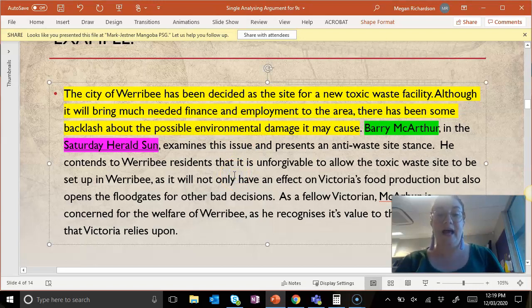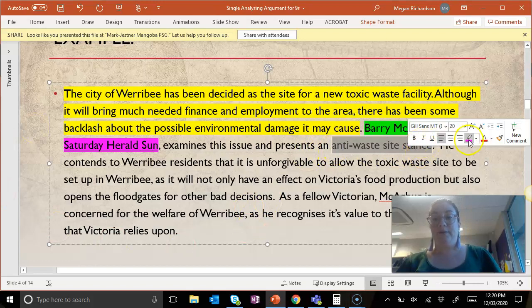Examines this issue and presents an anti-waste site stance. Anti-waste site stance. Ugh, that's a tongue twister. He contends, here's the contention. There's the stance. Maybe I'll change the colour now.